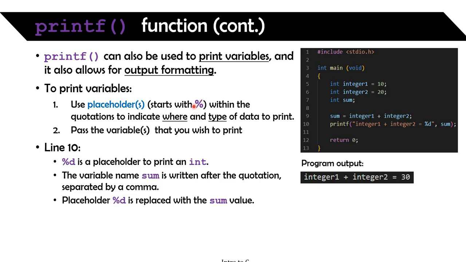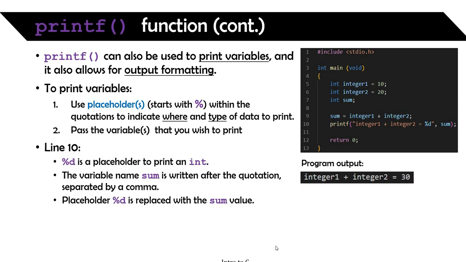Sorry, this is percent, not ampersand. So you have to use the percent sign wherever you put that. So for example, you see this printf, what do you want it to display? Here, anything under the double quote will be printed out.